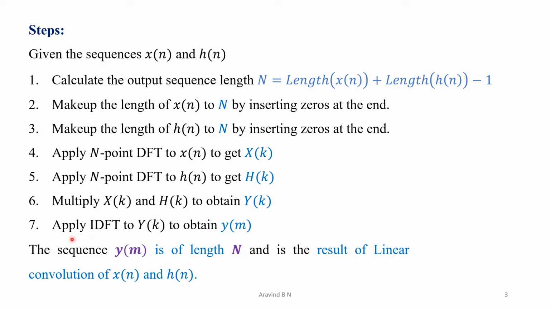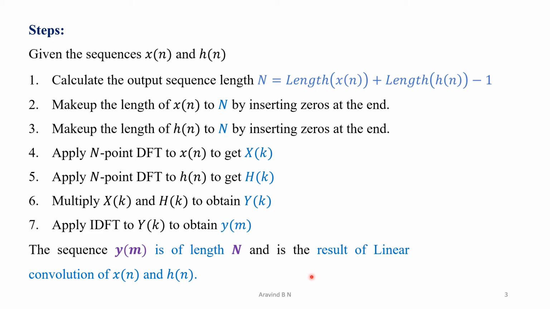The last step. Apply IDFT to y of k to obtain y of m. Now, the sequence y of m is of the length capital letter N and is the result of linear convolution of the sequences x of n and h of n.